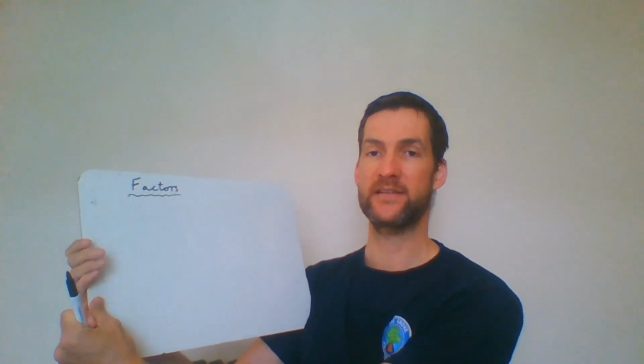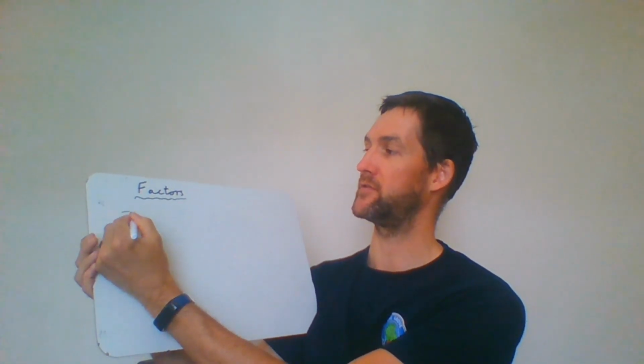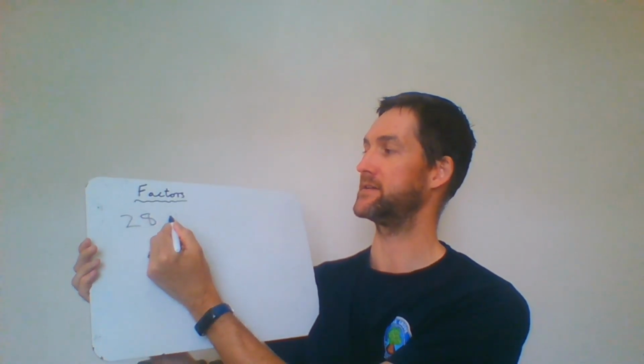We're now going to have a look at factors, which are different to multiples. Now a factor is a number that divides into another number exactly without leaving a remainder. So let's have a look at the factors of 28.